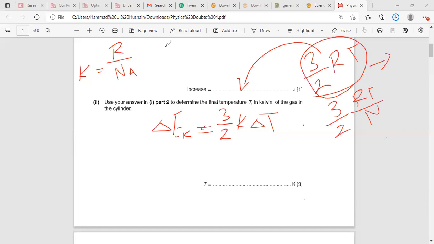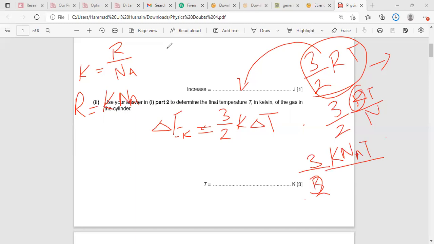Yes. Now, we know that R is equal to K times NA, right? So let us plug this value in the expression of R: 3/2 K NA T over N. And we know that small n is equal to N divided by NA, right?